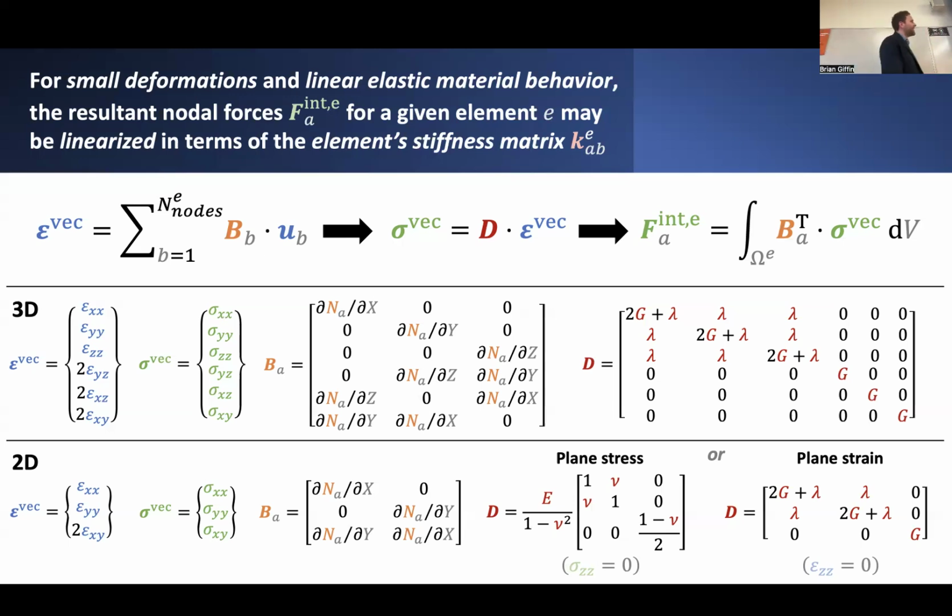Then we also had our constitutive relationship. In 2 or 3 dimensions, we could consolidate that constitutive tensor into an equivalent matrix format: a 6x6 matrix in the context of 3-dimensional problems, or a 3x3 matrix in the context of 2-dimensional problems, that related the 6 independent components of strain to the 6 independent components of stress in the 3-dimensional case.